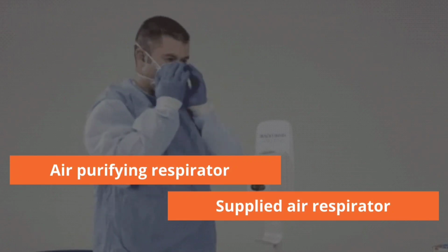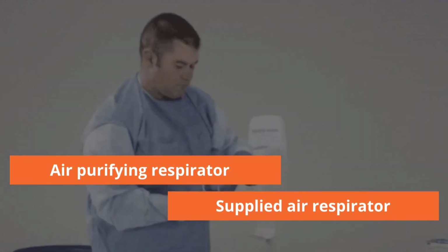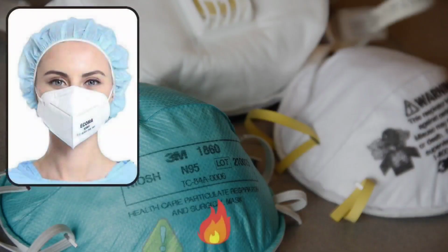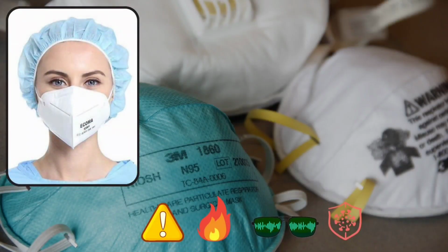Respirators are classified into two: air purifying respirator and supplied air respirator. To choose the right respirator, we must first identify the respiratory hazard and evaluate the condition. We need to check the airborne levels and proper fitting of the mask.